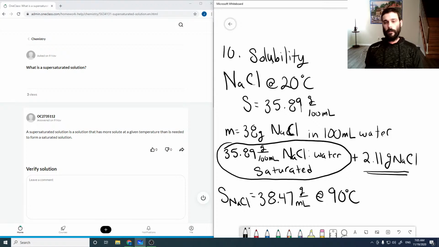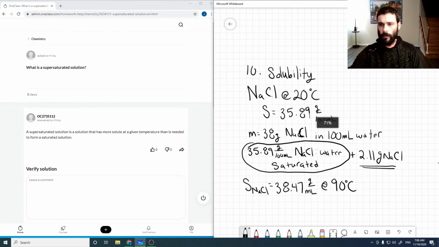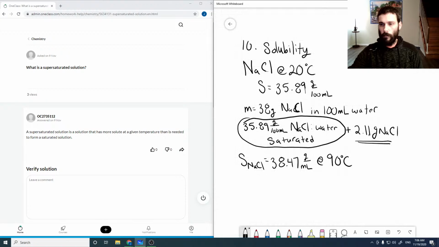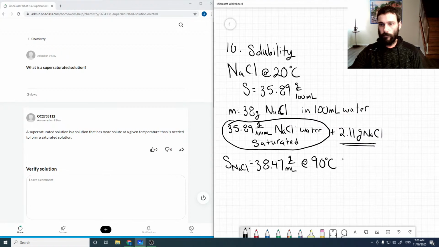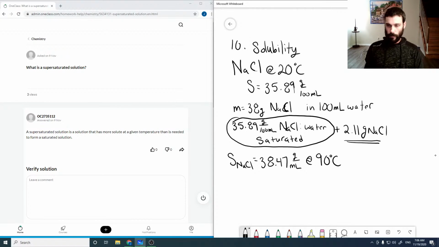So what that means is if we take this exact saltwater solution and we heat it up to 90 degrees Celsius, then now we can get it all in there.